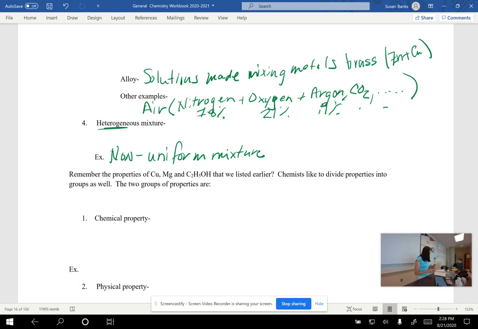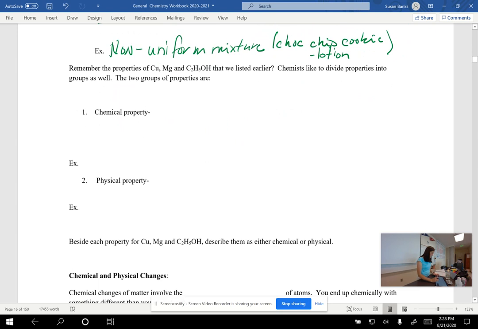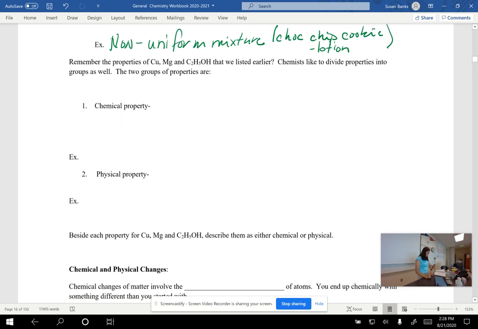A good example of a heterogeneous mixture is a chocolate chip cookie, or for example, lotion. You'll have little globs of water in there and little globs of oil in there. It's not uniform throughout.